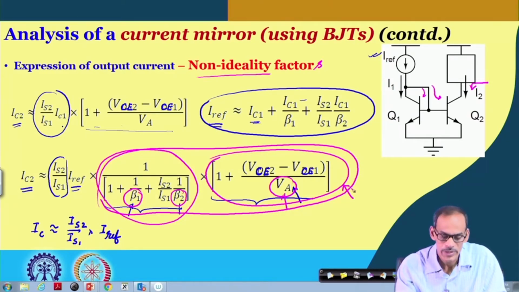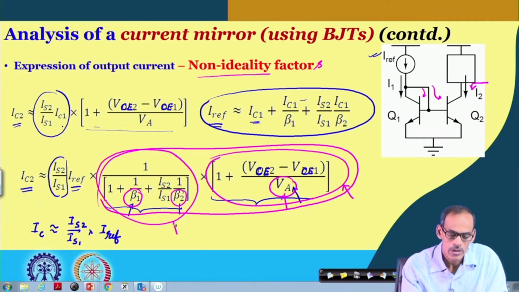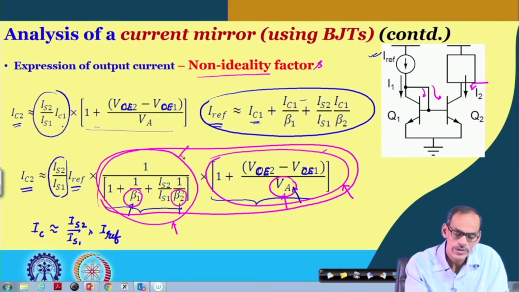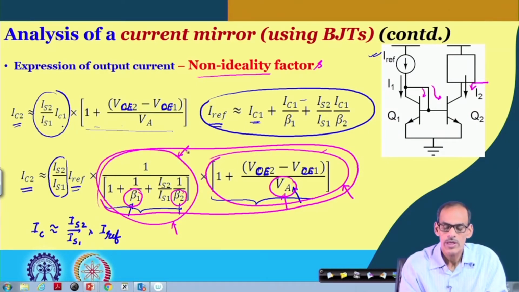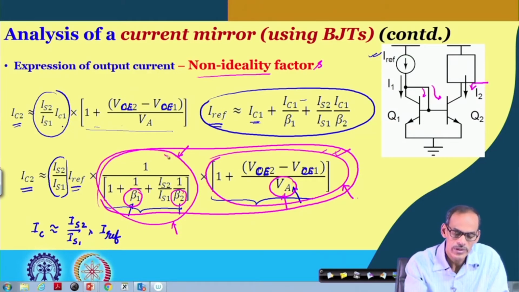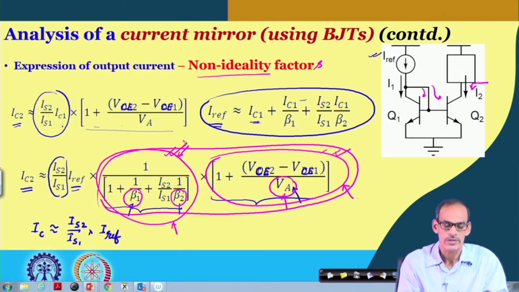On the other hand, this factor is still less than 1, whereas this factor is mostly more than 1. Now, this factor can be taken care of differently. So, we may have two possible options to improve this circuit. One is to increase the output resistance, or improve this non-ideality factor. The other one is improving this factor.